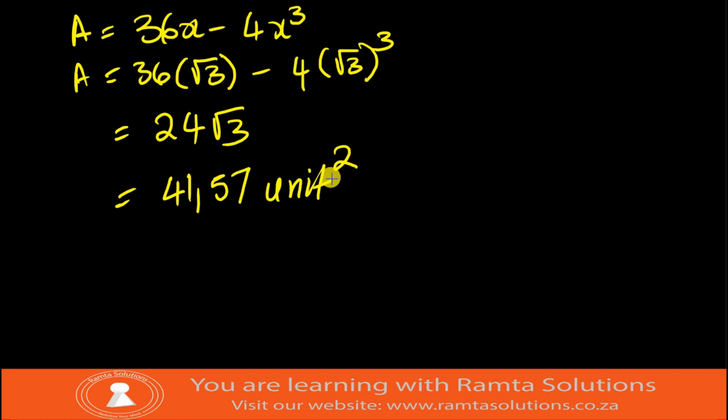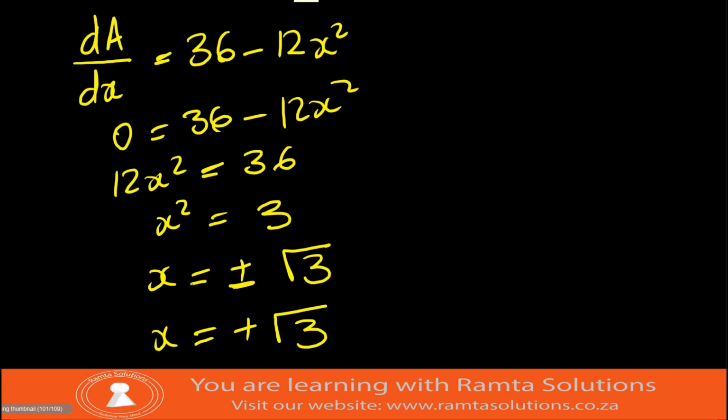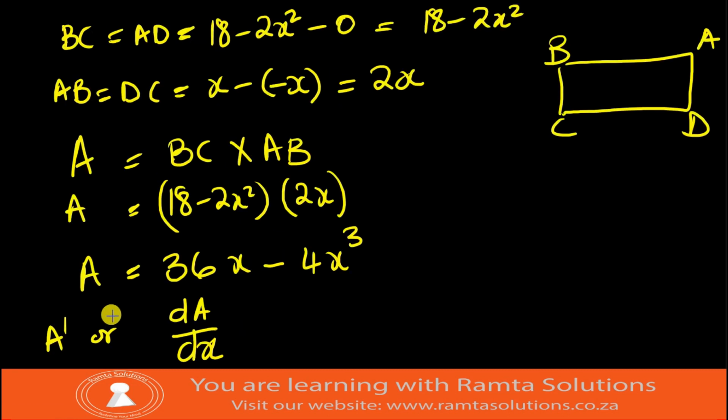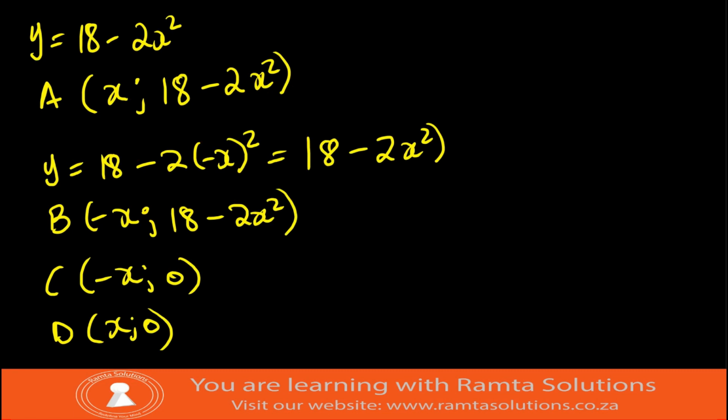Okay, because it's an area, I will say it's unit squared. All right, it's 41.57 unit squared.